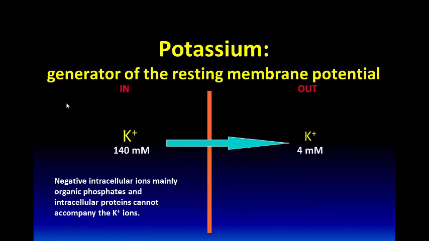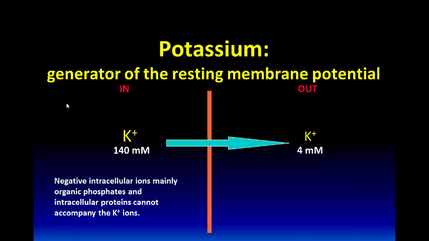In the resting state, the membrane is permeable to potassium. We have leak potassium channels in the membrane which are open when the membrane is in the resting state. On the other hand, the membrane is relatively impermeable to sodium in the resting state.